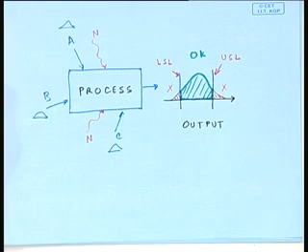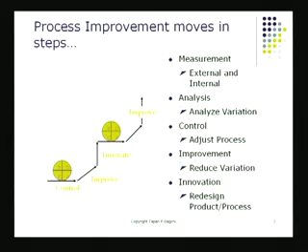Let's move into the lecture here. We realize and we know by this time that process improvement generally moves in steps. In the Six Sigma framework, we of course have DMAIC. DMAIC is define, measure, analyze, improve, and then control.